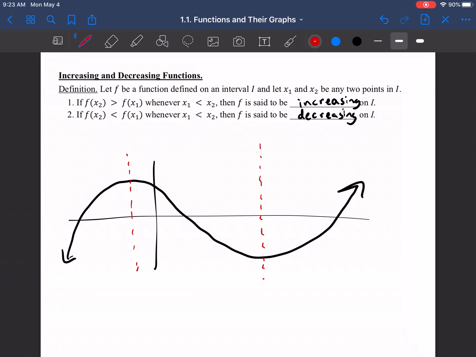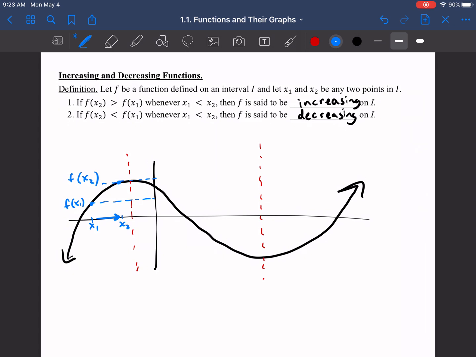And what we would say is that on this side, as we move from x1 to x2, moving left to right, this would be f of x1, this is f of x2, and you see that f of x2 is greater than f of x1.